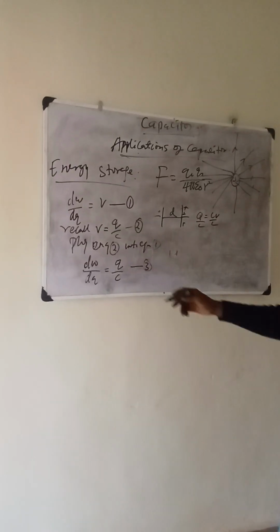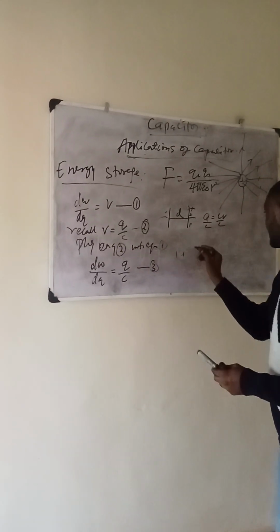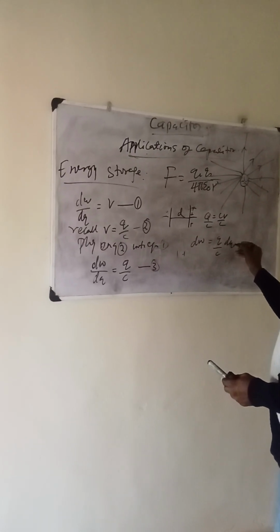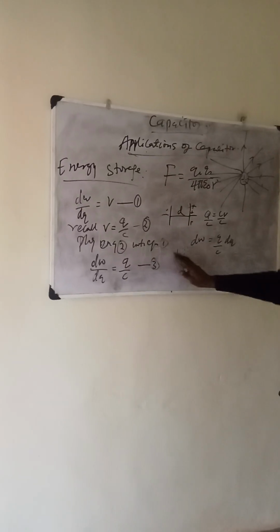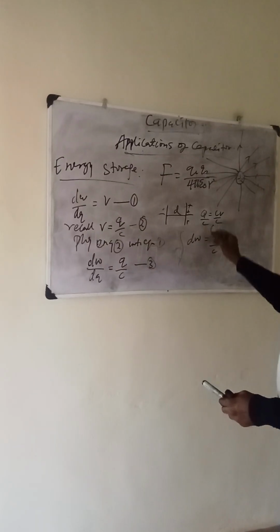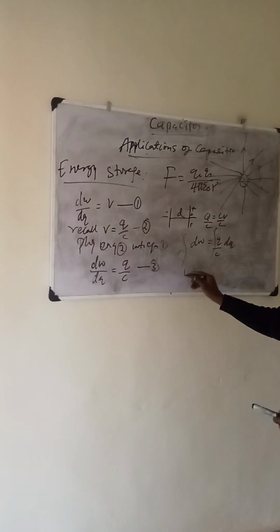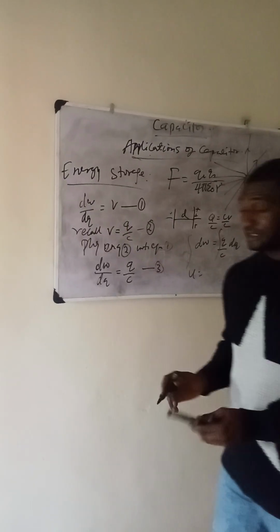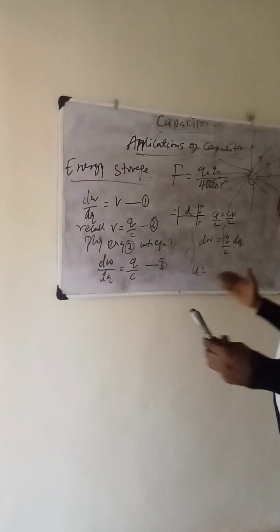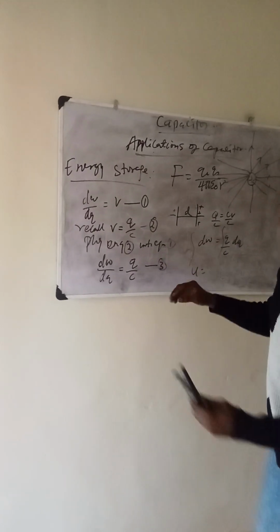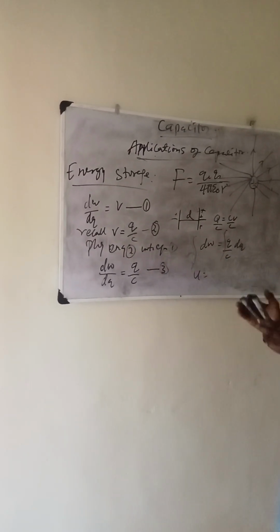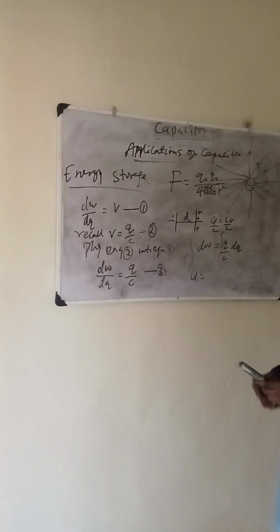And then if I integrate both sides, you now have U, what we call stored energy. The integration means summing. If you sum the whole work, those small works that you are doing, it will give that energy, which we call the stored energy in the system.